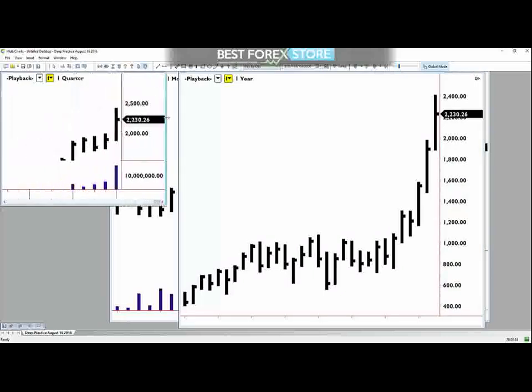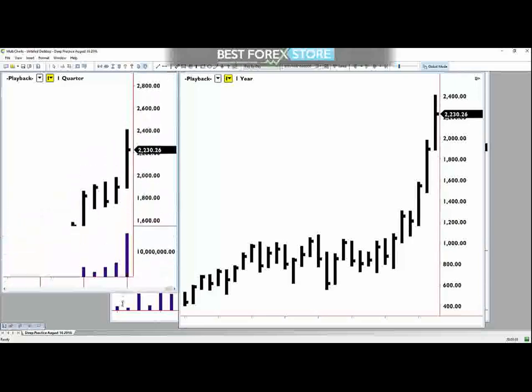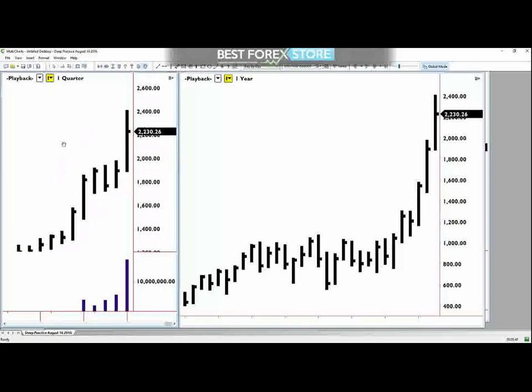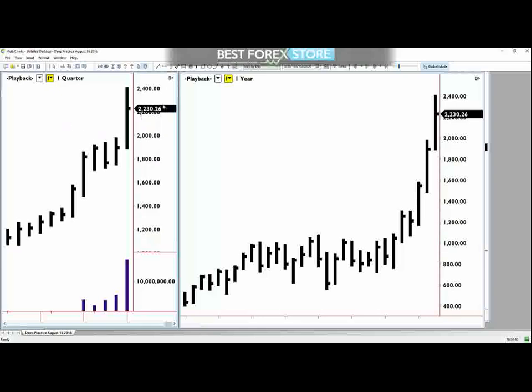And the quarterly. And this is really no different than looking at a 5-minute and an hourly chart, or a daily and a weekly chart. So what do you see here?